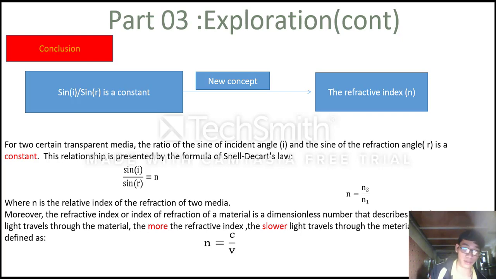It is defined as n equals c over v, where c is the speed of light in a vacuum, or approximately in the air, and v is the phase velocity of light in a certain medium.